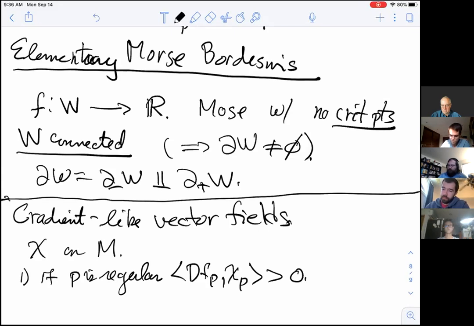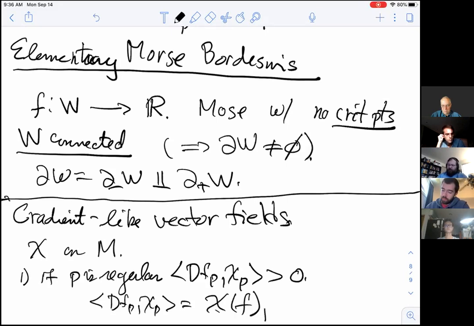So here chi P is a tangent vector, dF at P is a cotangent vector. You just have the usual pairing between them. That's positive. Of course, another way to write this is that dF_P on chi_P is simply the derivative of F in the chi direction at the point P.